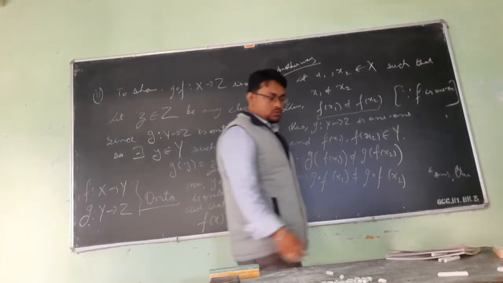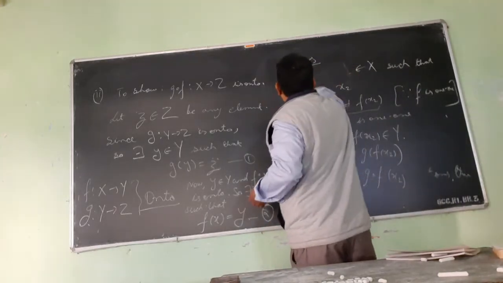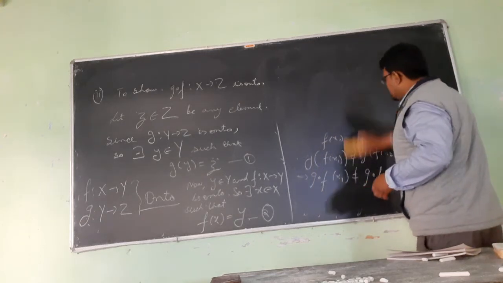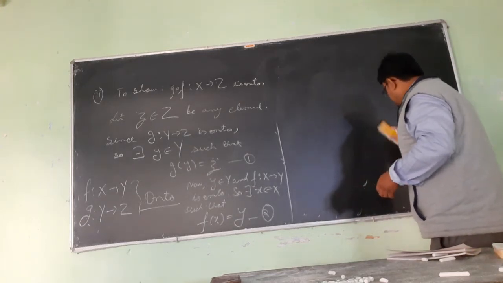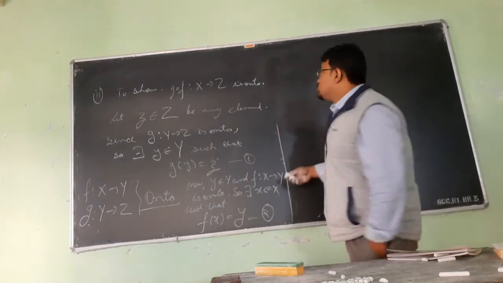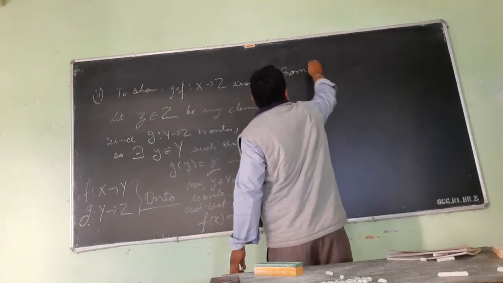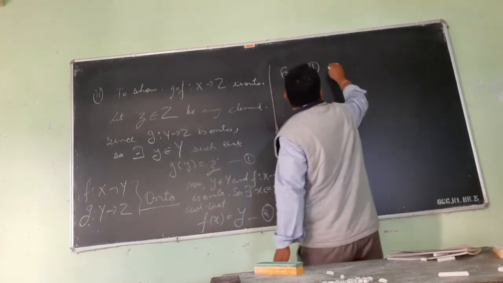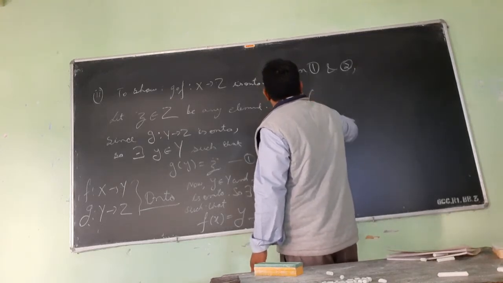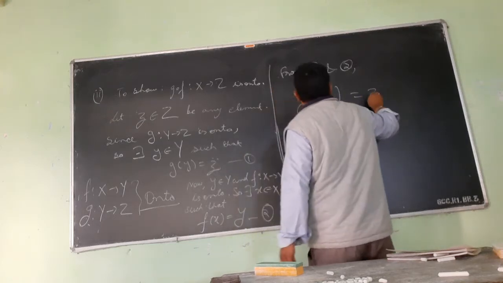So from 1 and 2 we can write g of, you put the value of y here, f of x is equal to z.